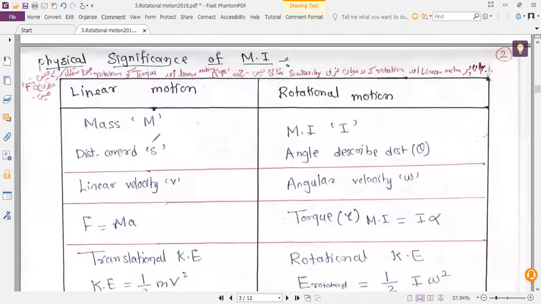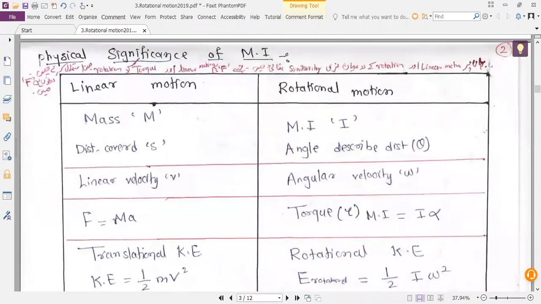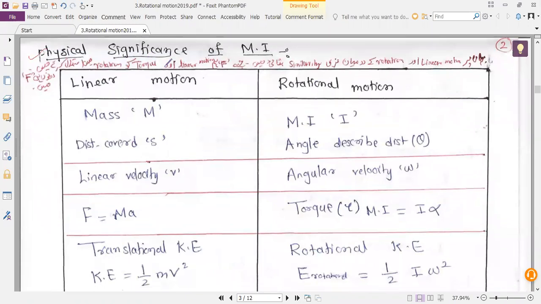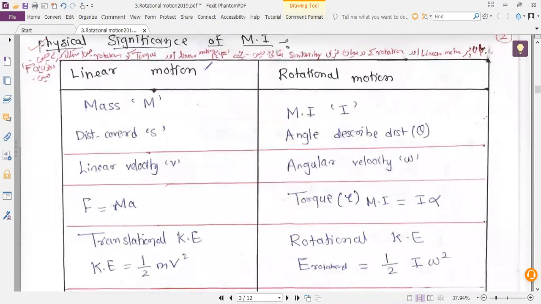Now the next part is the physical significance of moment of inertia. In physical significance, we compare the symbols of two motions: linear motion, which is already known, and rotational motion, which is unknown for us.